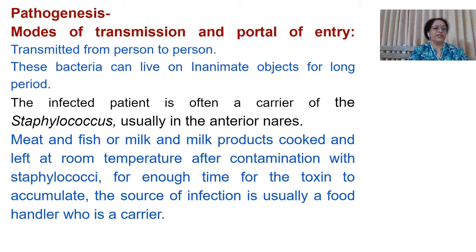If cooked meat, fish, milk and milk products are left at room temperature for enough time after contamination with these organisms, a toxin is produced and accumulates in the food, which is the source of infection in food poisoning. Here, food handlers may serve as carriers of this organism.